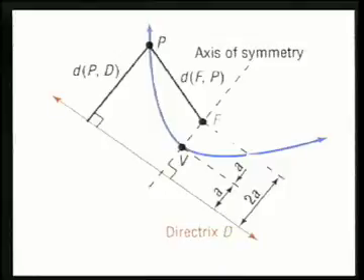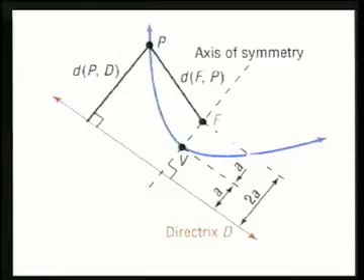The distance from that point F to some point on the graph of the parabola is labeled as the distance from F to P. The distance from F to P is equivalent to the distance from the point on the parabola to the line labeled the directrix.